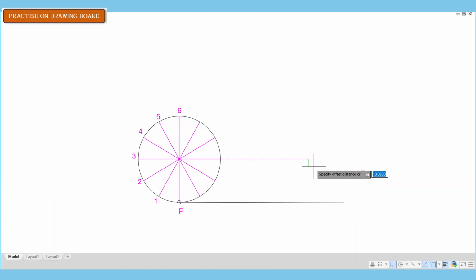I would use offset in the software, and I'm offsetting by 13.09. So these are my divisions. I can label them.